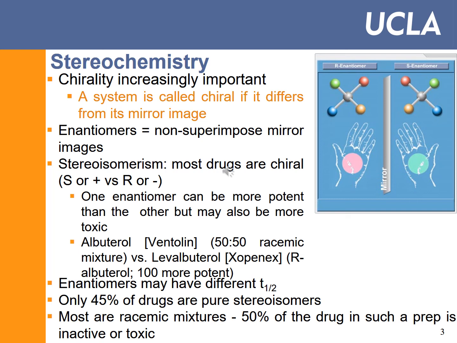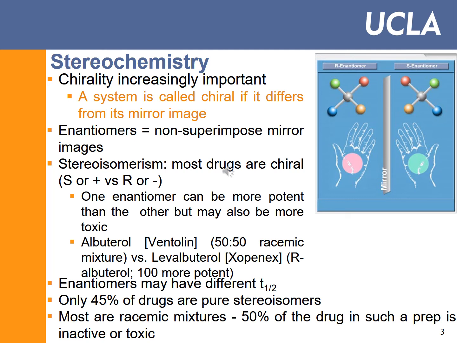So it's going to be more expensive than Ventolin, but the advantage is that the patient may need less of that medication to feel relief of their bronchospasm. So people who are refractory to albuterol may be switched to levalbuterol because it's 100 times more potent. And those enantiomers also may have different half-lives, if you remember the concept of half-life.